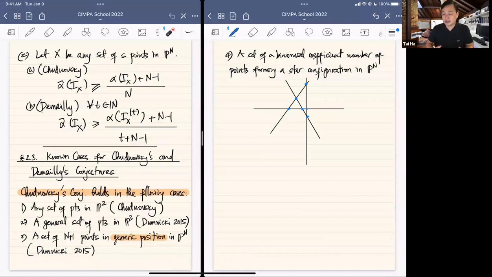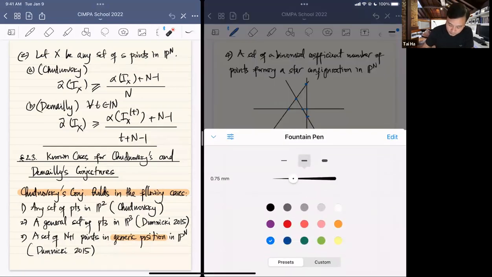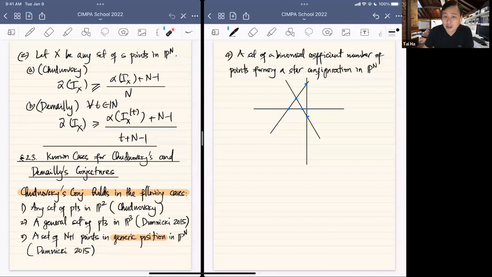Last lecture, we looked at an example where you have 6 points, and we explained the Hilbert function. So that's why it's called binomial coefficient number, because it's of the form d plus 2 choose 2, or n plus d choose n. And they represent the Hilbert function of the polynomial ring itself. So that's what is meant by star configurations, and the binomial coefficient is just exactly what is explained.